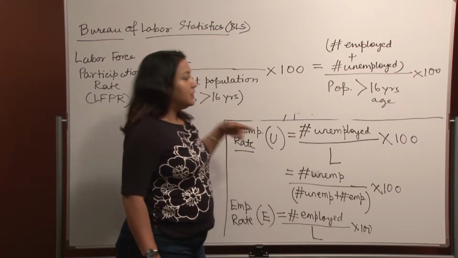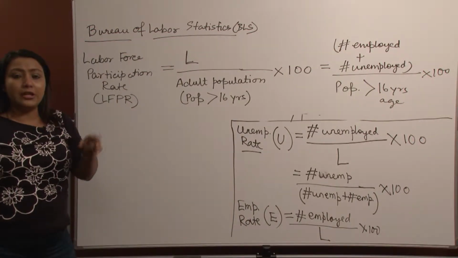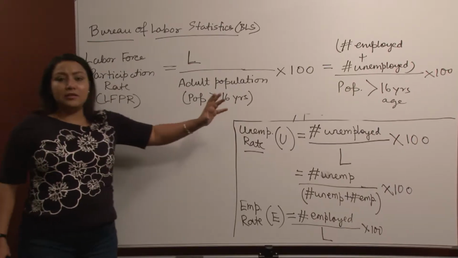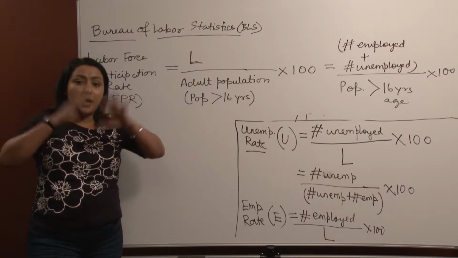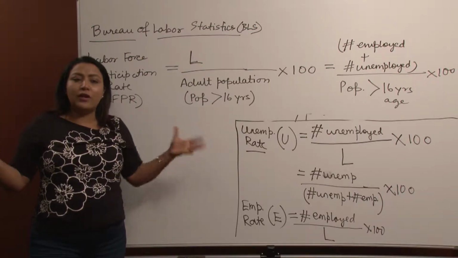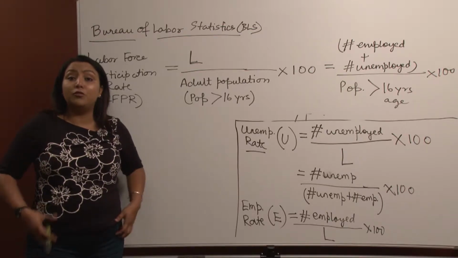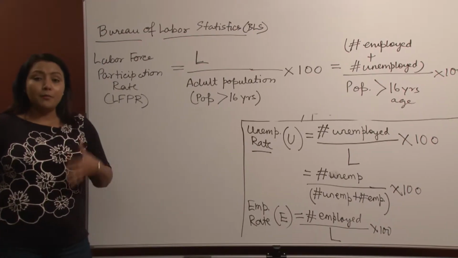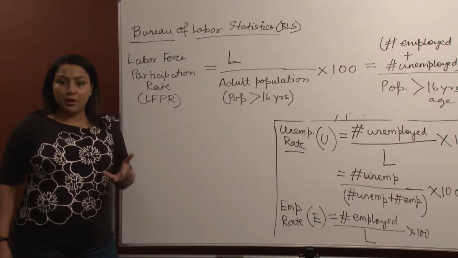So, it is important to understand what proportion of the population is actually contributing. If you had to compare between countries, just knowing the number of employed and unemployed, or just knowing the total volume of the labor force is not enough, but it is important to know what proportion of your population is actually able to contribute to the productive process.